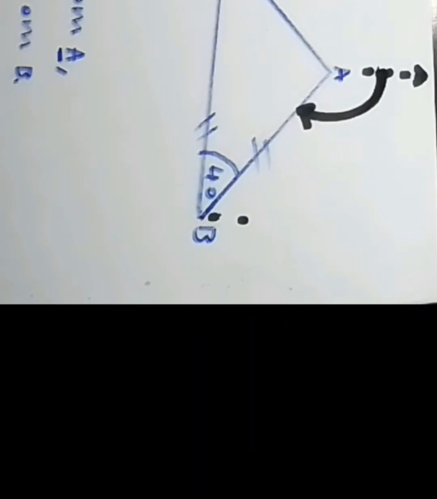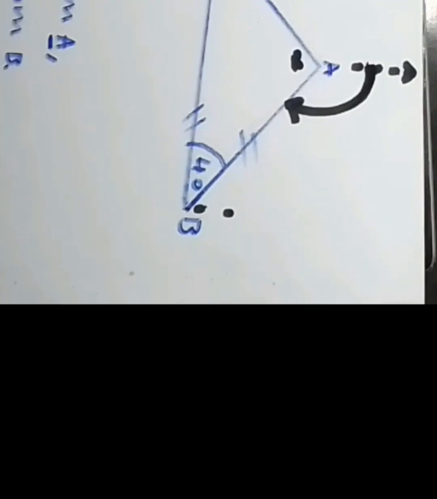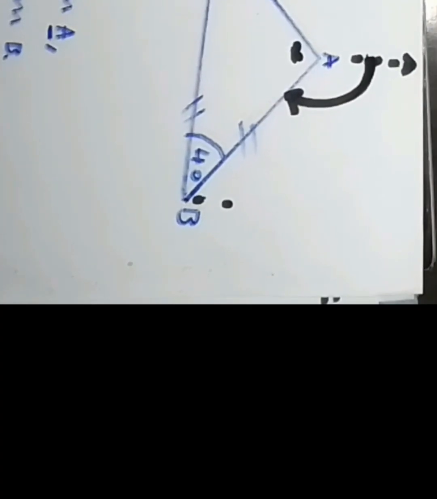Angles in a triangle add up to 180. Taking this as x and this also as x, we say x plus x plus 40 is equal to 180. So 2x is equal to 180 minus 40.